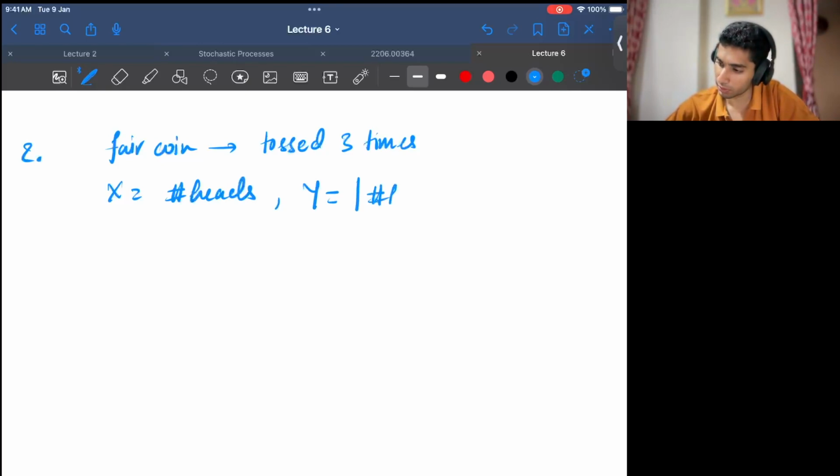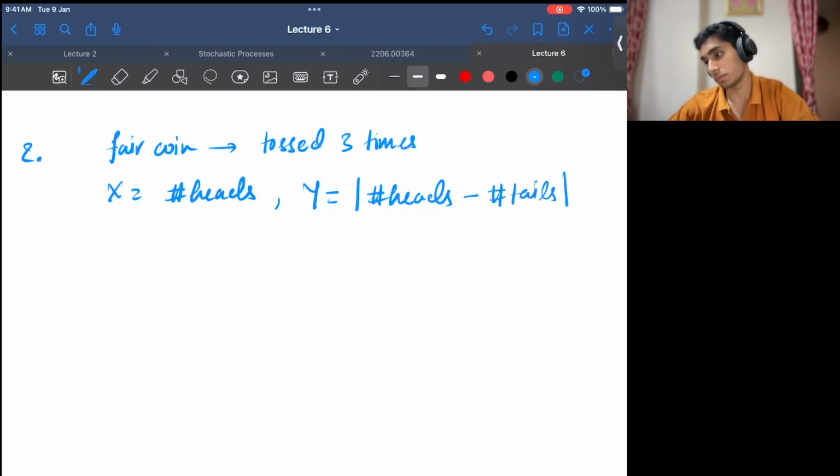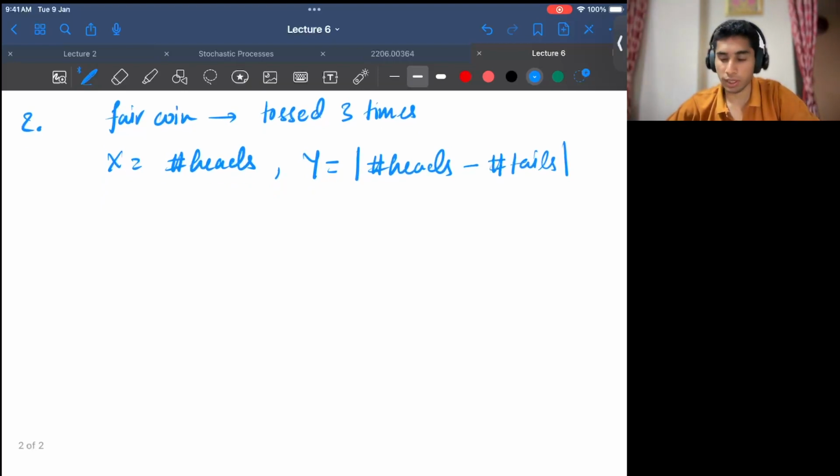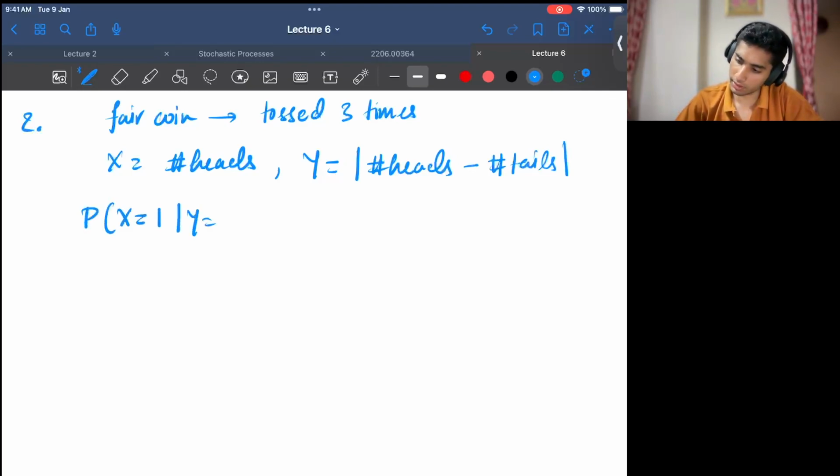So this is number of heads minus number of tails, absolute value of that. So these are two random variables that are given to us. The question is, what is the probability of x equal to 1 given that y is equal to 1? This is the question.